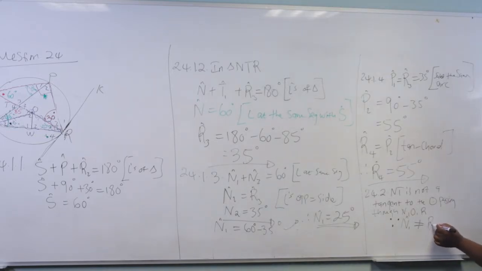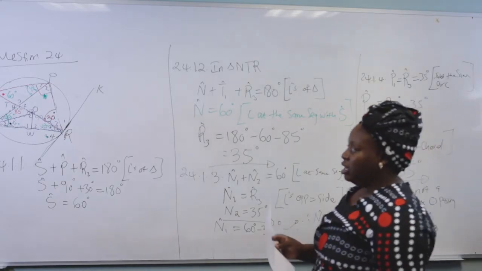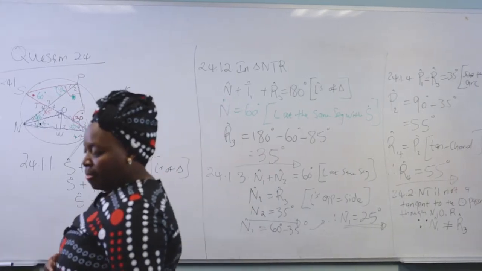So if that's the case, then we cannot have it as a tangent. Only if they were equal, then we will have them as tangents.